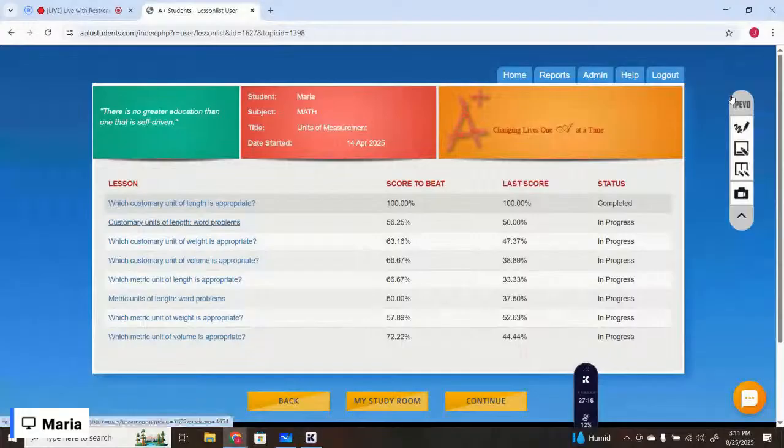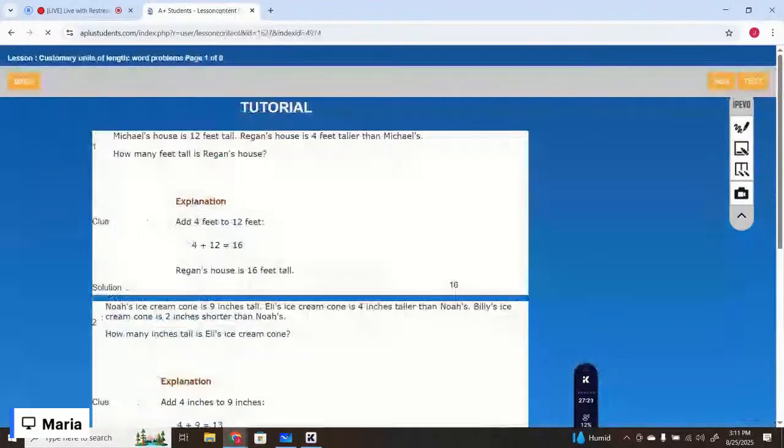Customary unit of length word problems. Michael's house is 12 feet tall. Reagan's house is 4 feet taller than Michael's. So we are given the length of Michael's house, and Reagan's house is 4 feet taller.